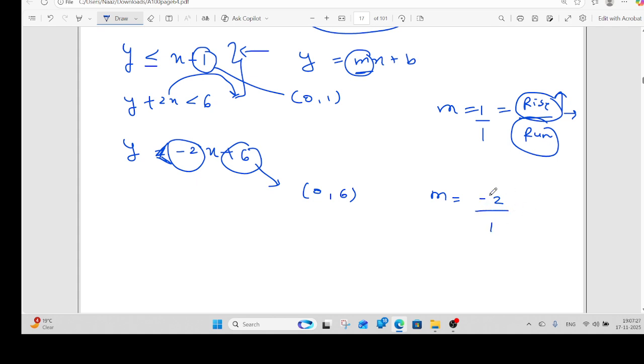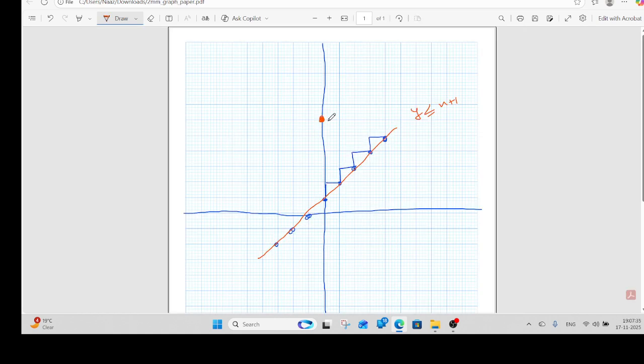So when my rise is negative, I have to go downward 2 steps, and run is positive, so I have to go one step right side. So from this I will go 2 down steps, 1, 2, and 1 right side, 1. So 1, 2, then right side, 1, 2, then right side. Like that I will get all my points.